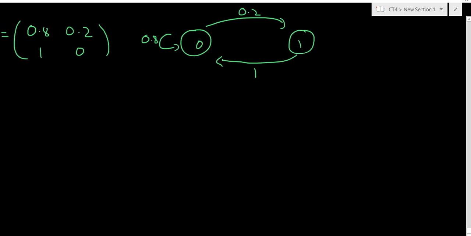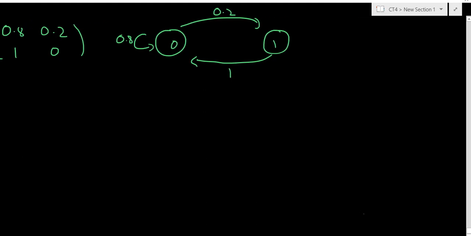So if the return to the state is possible only after 2, 4, 6, 8, 10, 12 and so forth, all the multiples of 2 steps, the period of that state is equal to 2, because the return is only possible after every 2 steps. Let's see in this case what would be the period of both the states. So for state 0 and for state 1, let's try to see the period.